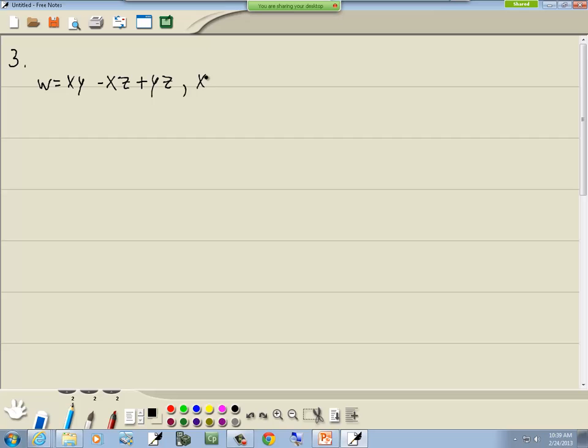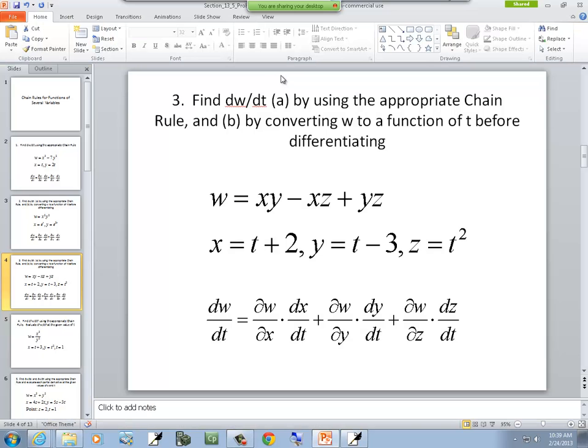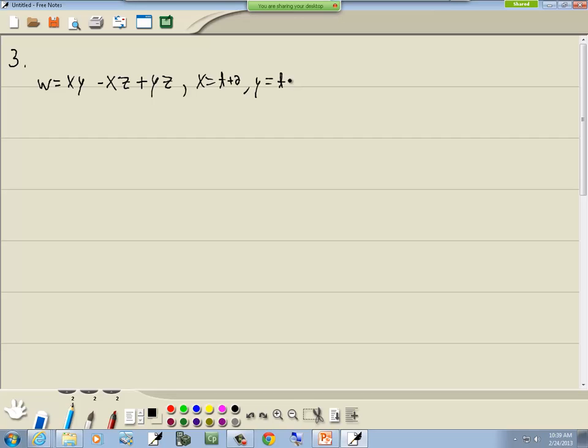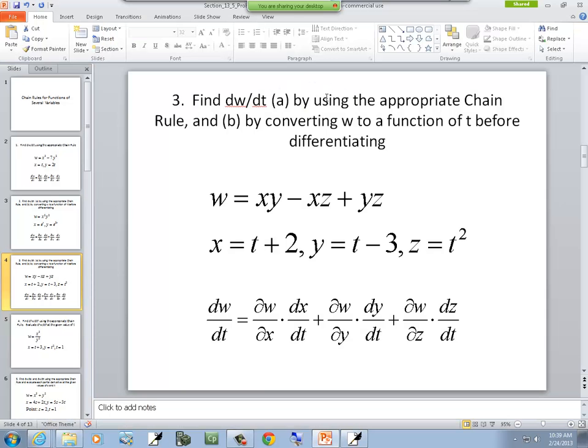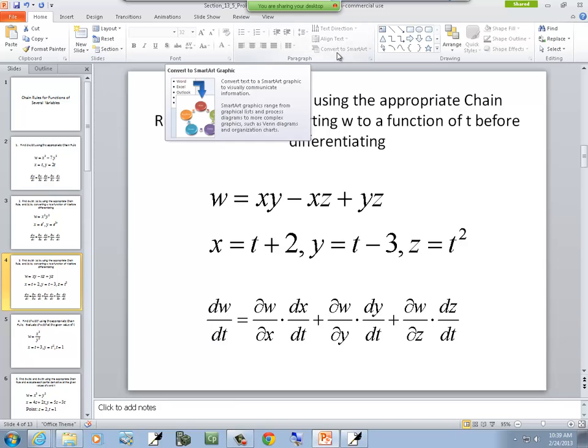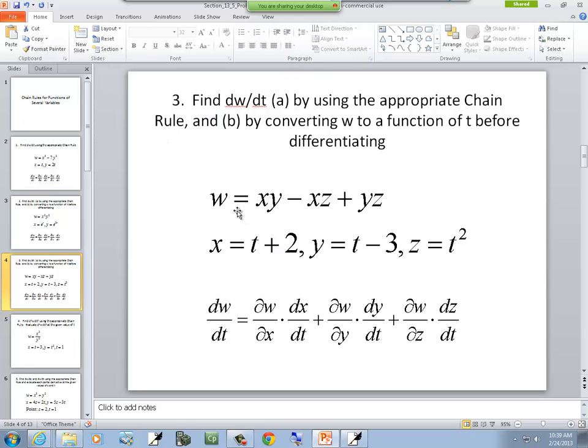And x is equal to t plus 2, y is equal to t minus 3, and z is equal to t squared. And it says find dw/dt by using the appropriate chain rule and by converting w to a function of t before differentiating. So same thing we were doing, except now we have more variables.